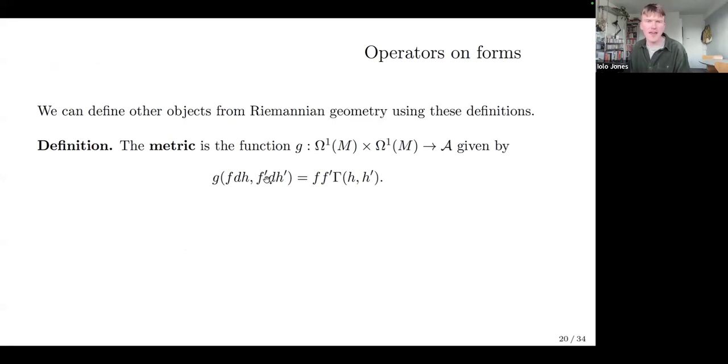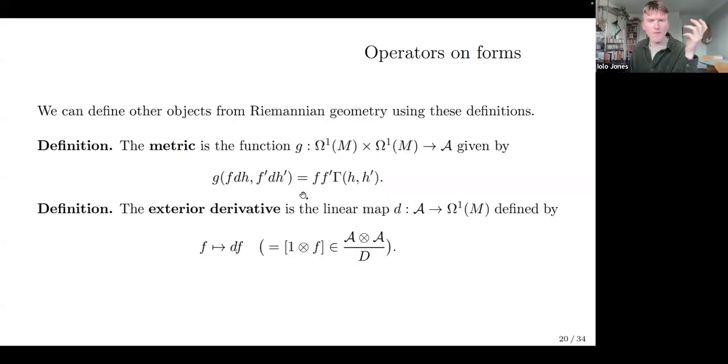So g of f dh, f prime dh prime, you factor it out, you plug in gamma, and then you have the formula for the metric. Or if you want to take the exterior derivative, this seems tautological, mapping f to df, but df here means 1 tensor f. So it's just a formal thing where you're tensoring on the left with 1. But crucially, because we've got this inner product space that treats these things like one forms, you then get access to it as though it's a form.